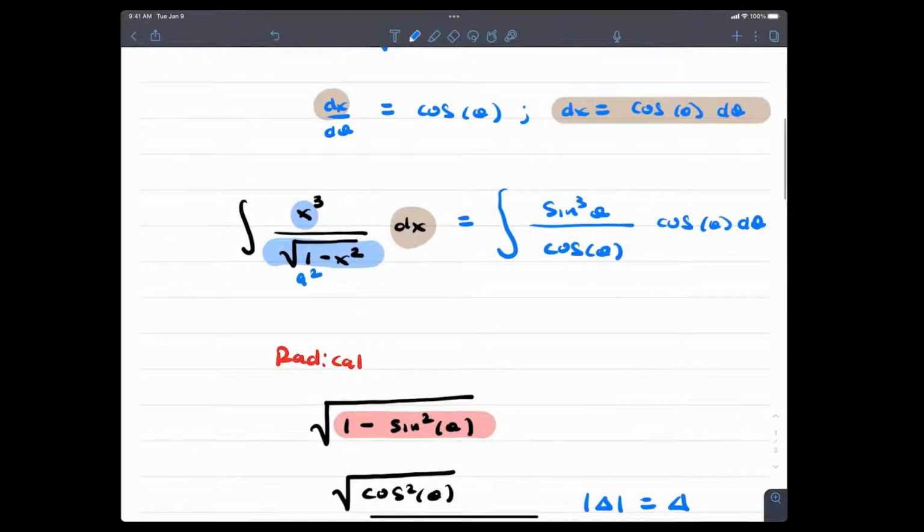We ended up with an integral. Take a look at this integral. What happens with cosine? It cancels. Is that true? And then what do you end up with, really? The integral of what? Sine cube.